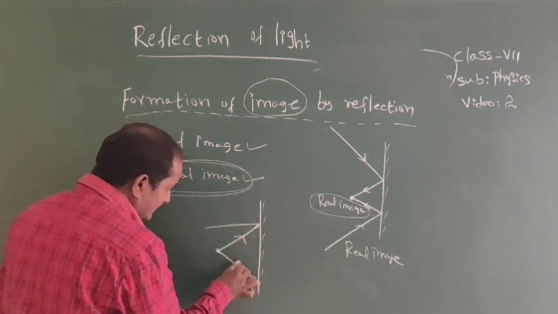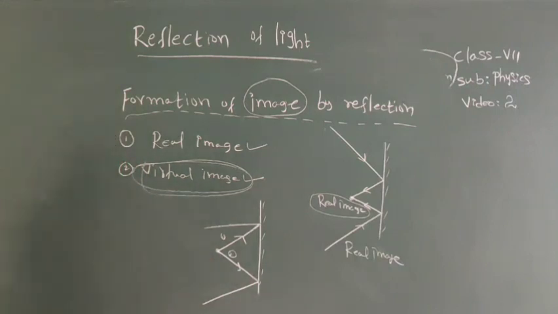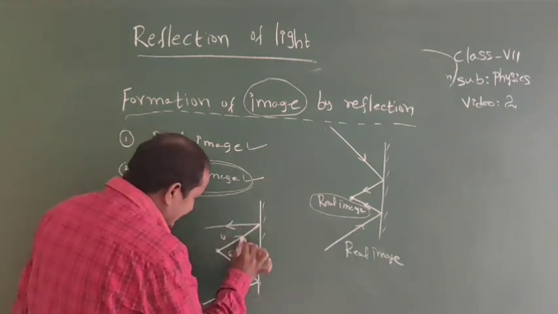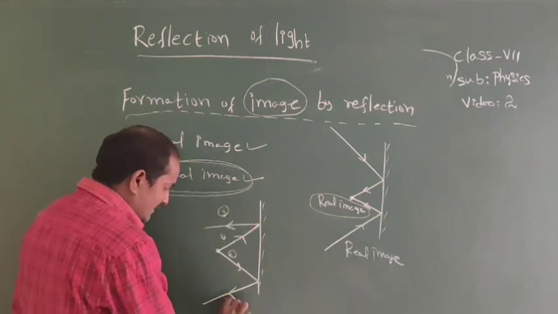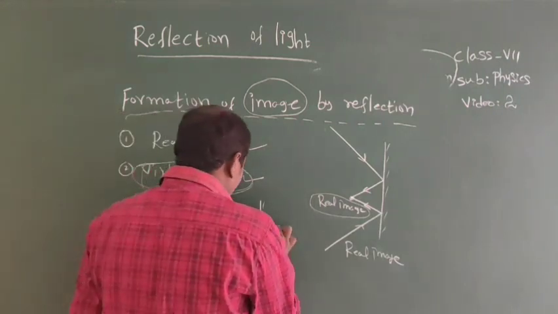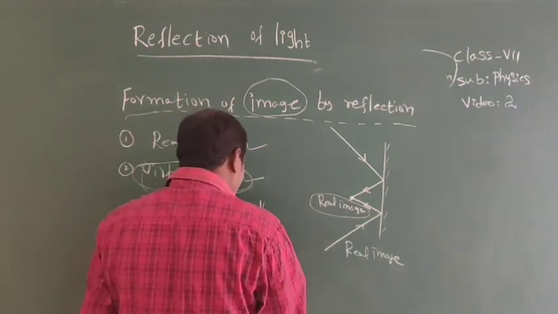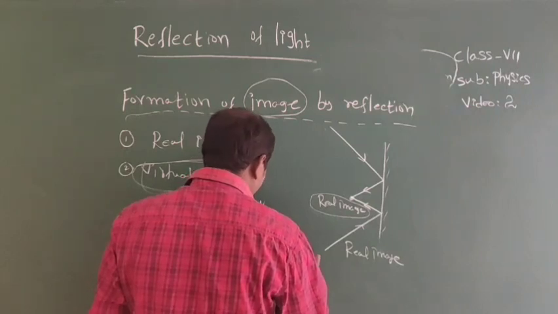See here. 1 and 2 are the incident rays. After reflection, the light rays again diverge. Here 3 and 4 are the reflected rays. The image is formed at the back side of the mirror. It is the virtual image.